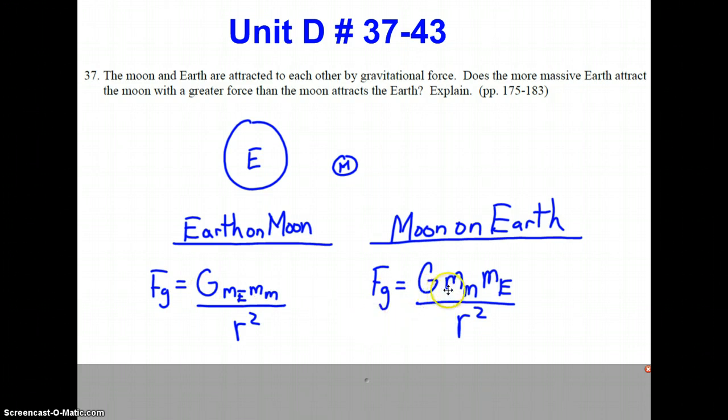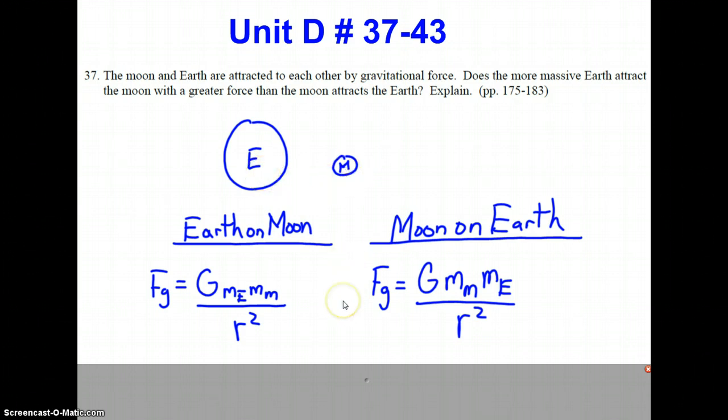Because of the commutative property of multiplication, it doesn't matter how you order the masses, you're multiplying the masses anyway, and in both cases the distance between the center of the earth and the center of the moon, or the center of the moon and the center of the earth, is the same. These two equations are equal, therefore the earth pulls equally on the moon as the moon pulls on the earth.